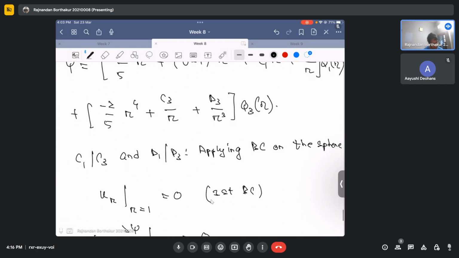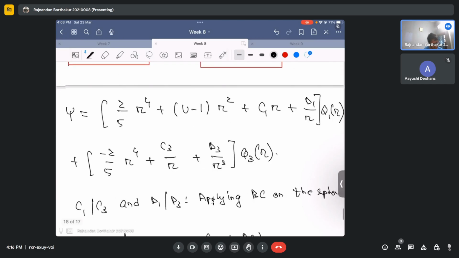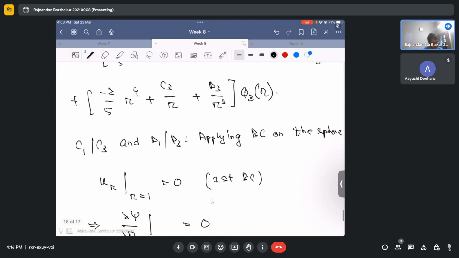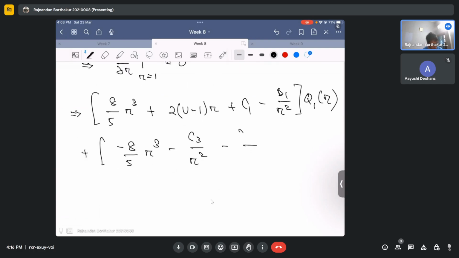Minus 8 by 5 r cube minus 3 by r squared, and this would be minus 3 d3 by r power 4. I think that's it. And this is q3 of eta and this is equal to 0.